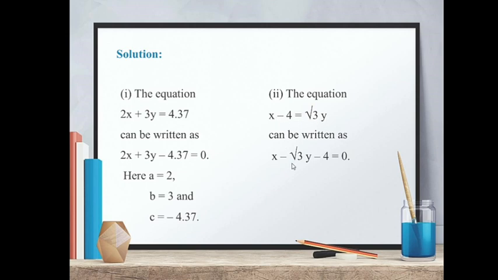So here it will become minus under root 3y, and minus 4 we will write as it is, equals 0. Then here a is equal to 1. As I told you already, if the coefficient is not given then the coefficient will be 1. So here a equals 1, b equals minus under root 3 and c equals minus 4.